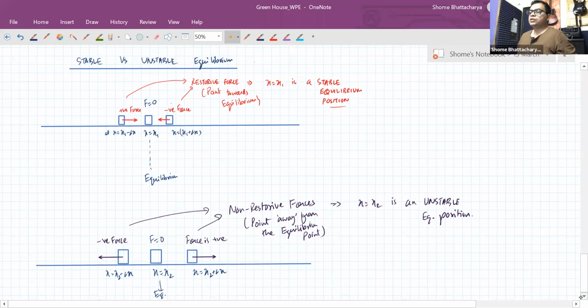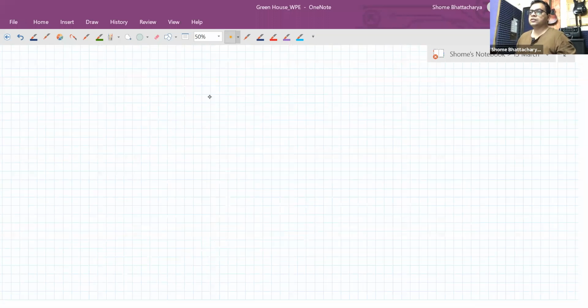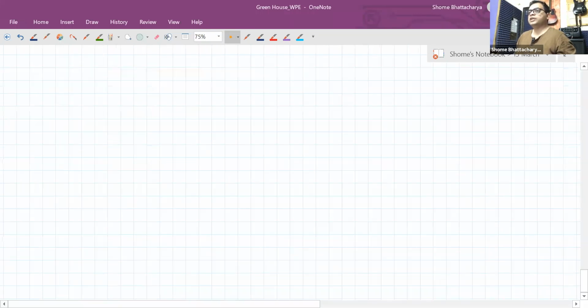Okay, so now let us understand what this has in context with the potential energy graph. Suppose we have a potential energy graph for a system. It looks something like this, which I'm drawing next.